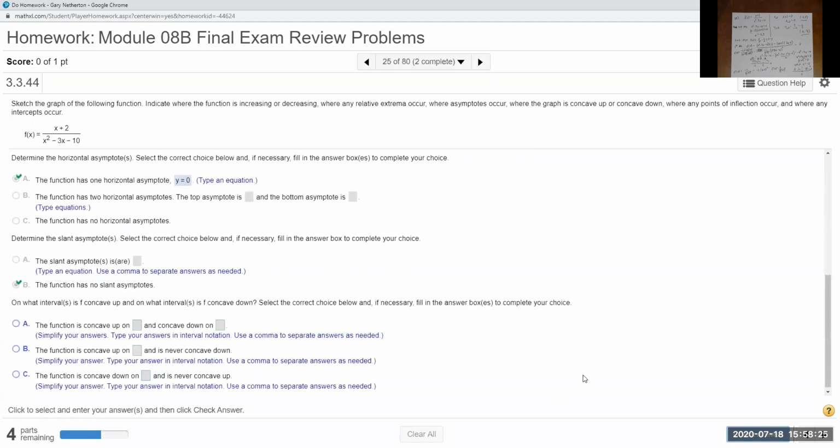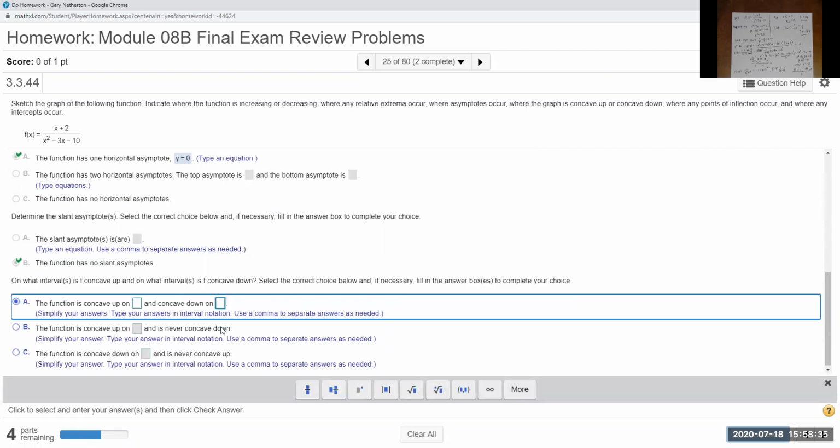Concave up, concave down. I think, and this is probably correct, concave down from negative infinity to 5. And concave up from 5 to infinity.